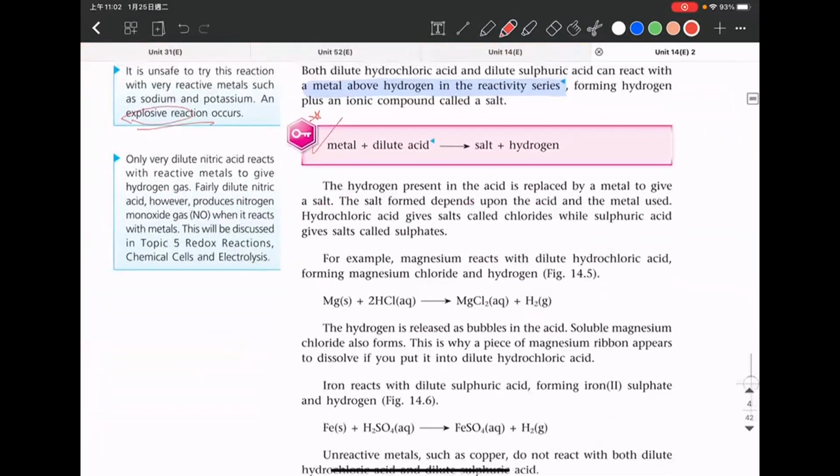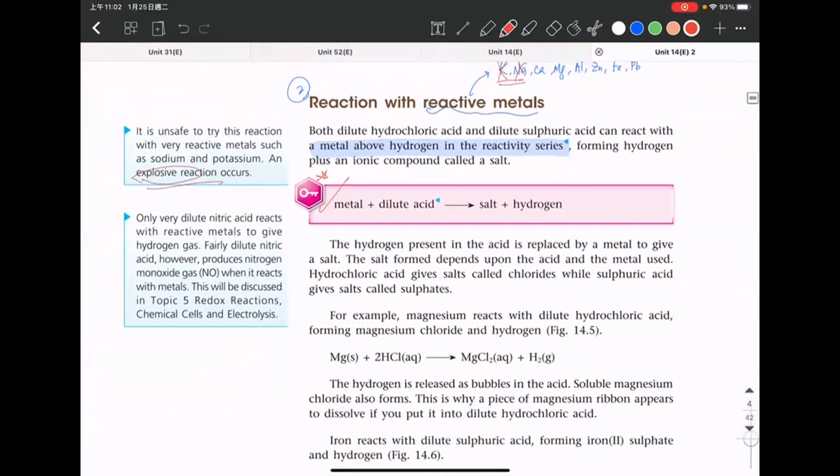For dilute nitric acid, it is not in our scope because of its slightly oxidizing property. When we talk about nitric acid, we usually use the words very dilute.